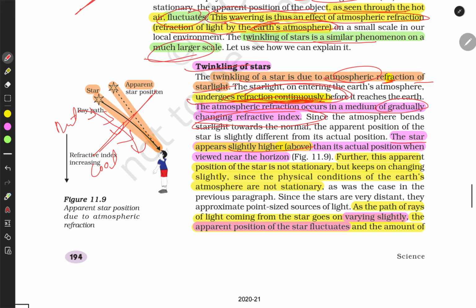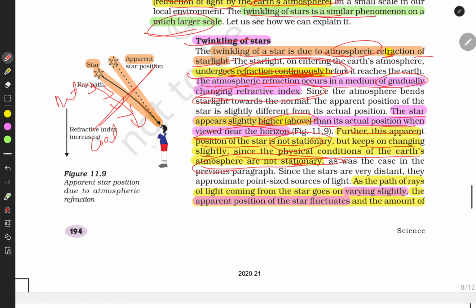The star appears slightly above its actual position when viewed from the horizon. Further, this apparent position of the star is not stationary but keeps changing slightly, since the physical conditions of the Earth's atmosphere are not stationary. The atmosphere always changes, so the intensity of light will also change.